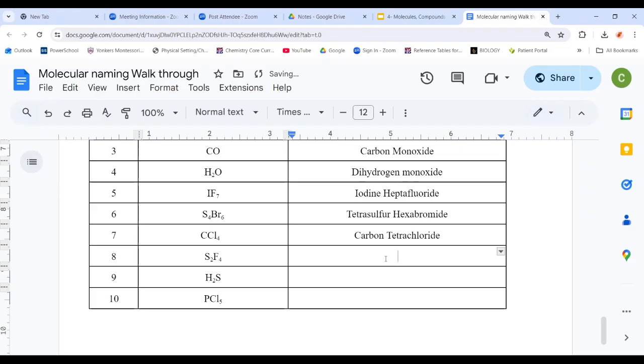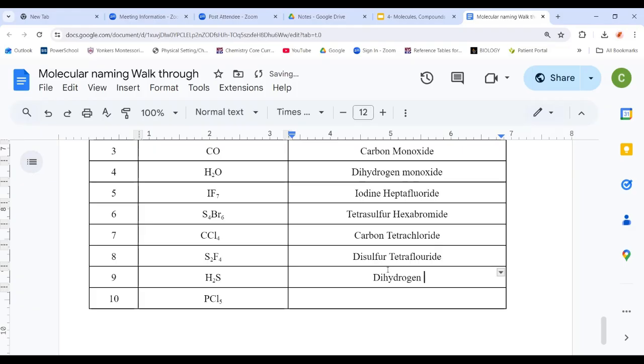S2F4 is di for 2, sulfur for sulfur. F for 4 is tetra, and fluorine becomes fluoride. Dihydrogen.